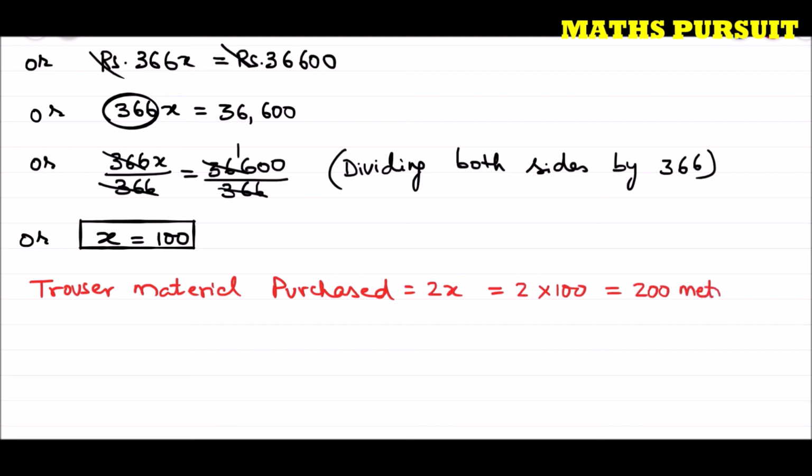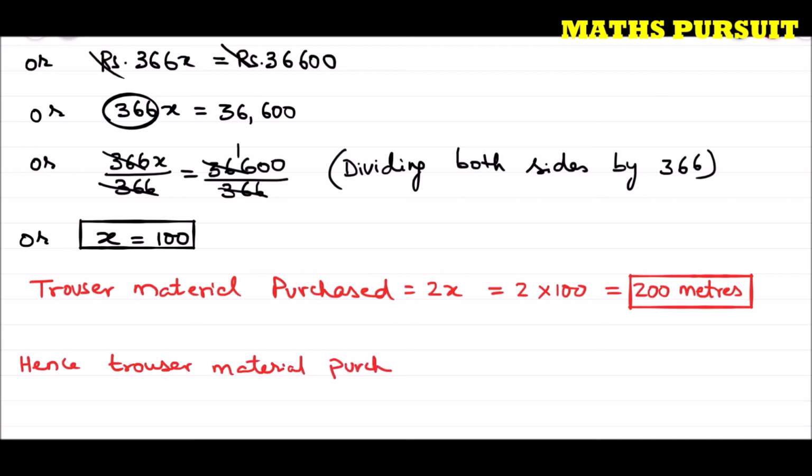This is our answer, guys. So we can write, hence, trouser material purchased by Hassan is 200 meters. Hope guys you understood this.